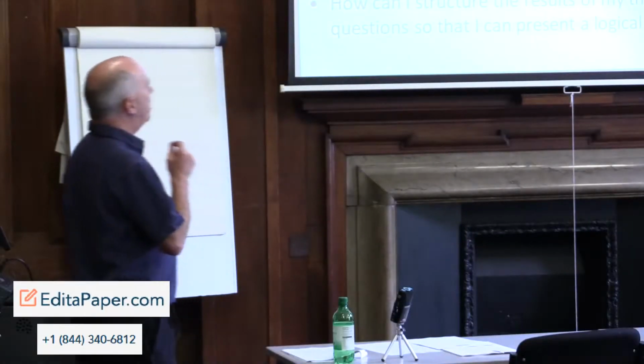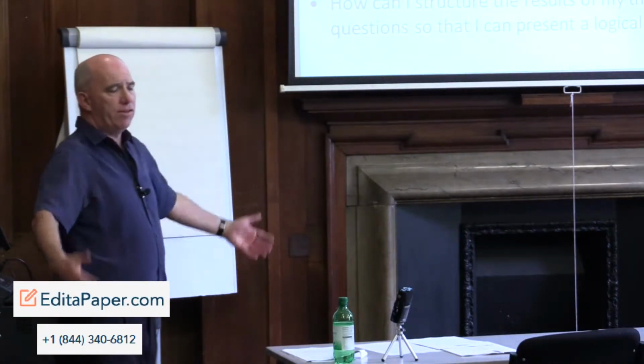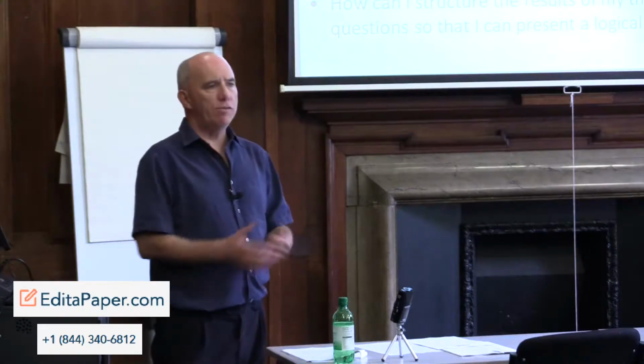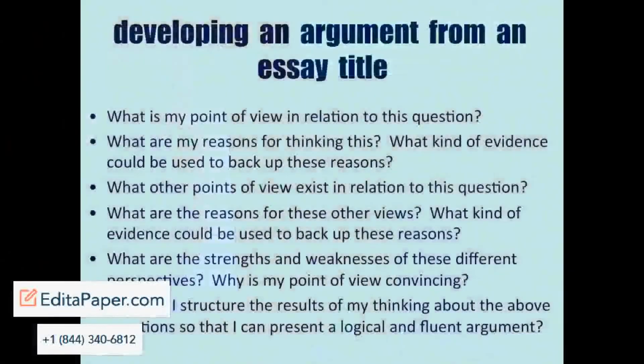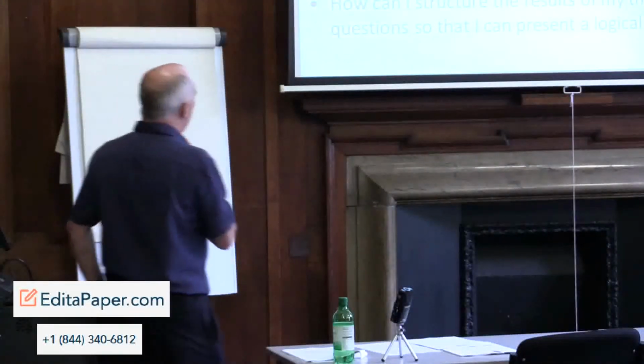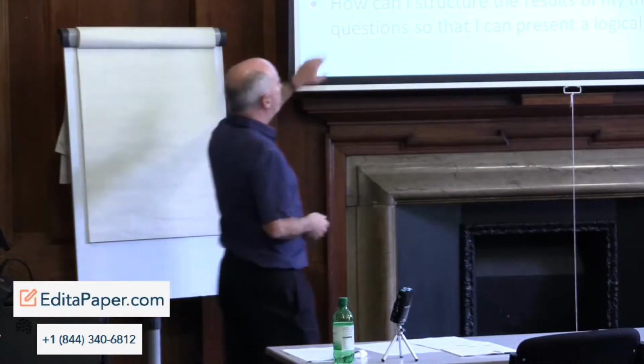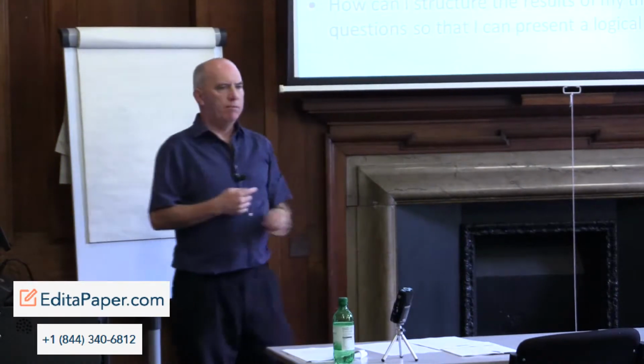And then I need to think about what other points of view are there, because, as I've said, there'll be a variety of views. And I need to think, well, what are the reasons for the other views? And what evidence is there to support these other views? And what are the strengths and weaknesses of these different perspectives?